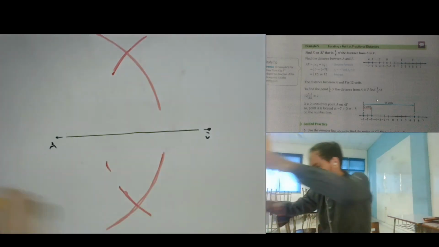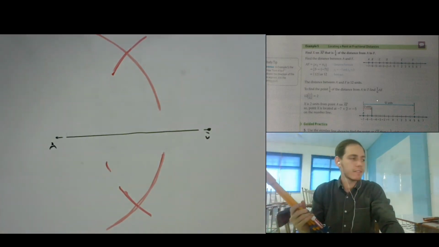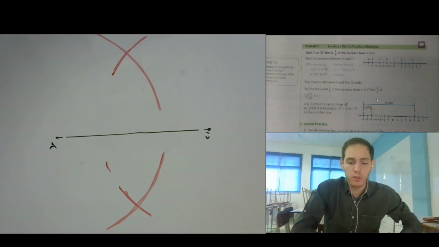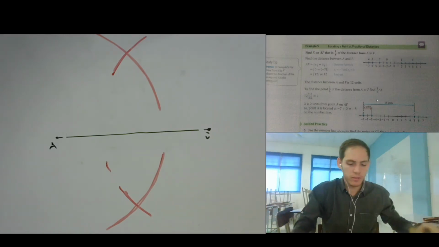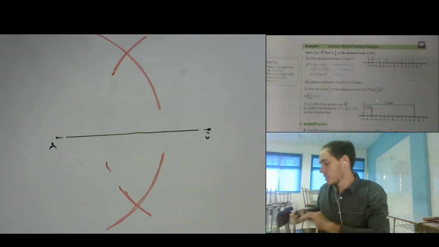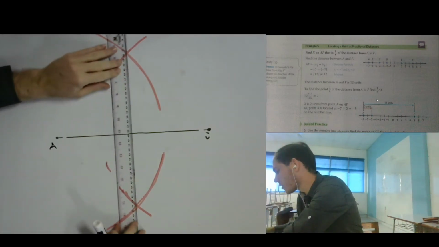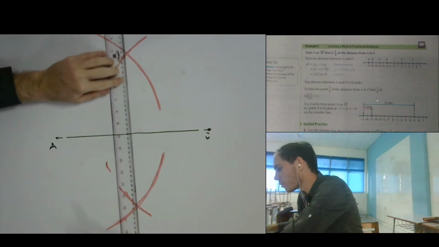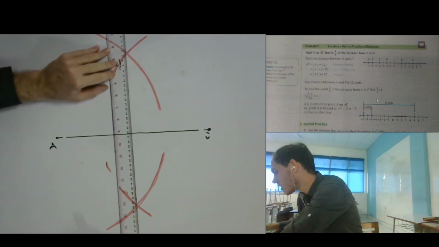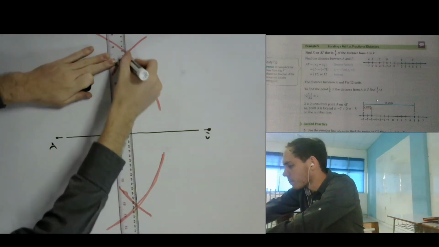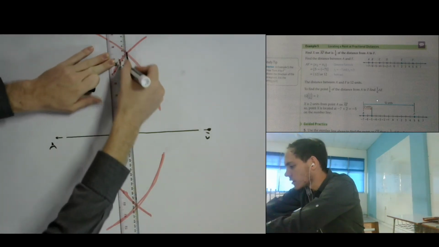After you have made those four arcs, and they have intersected, you take a straight edge and draw a line through the two points of intersection.